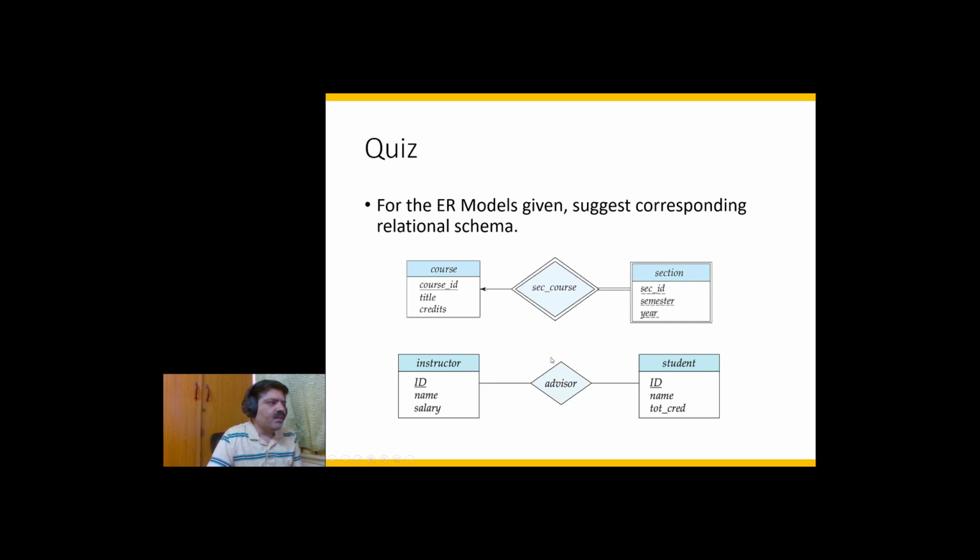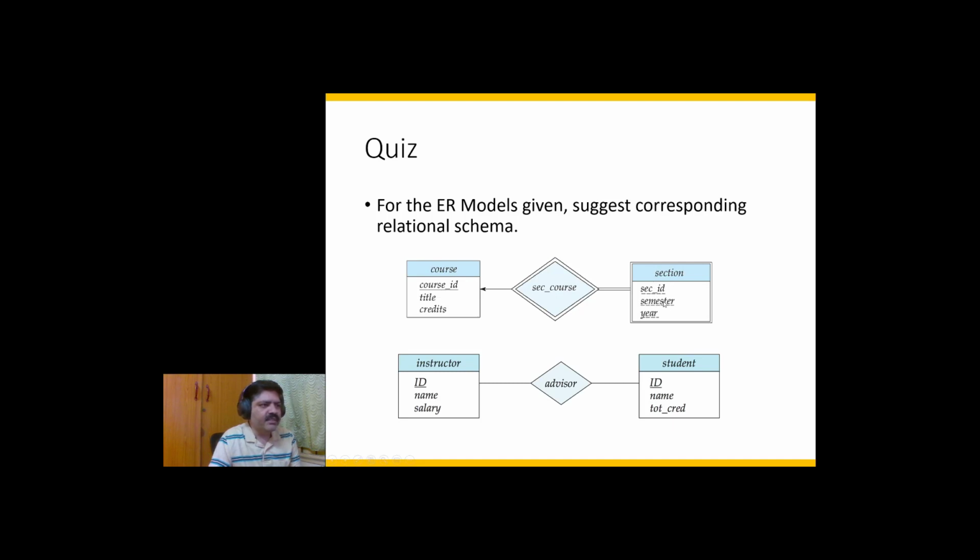Okay, so here is a quiz. For the ER models given, what do you think would be the suggested schema? In the first case, I have a course and I have a weak entity section.